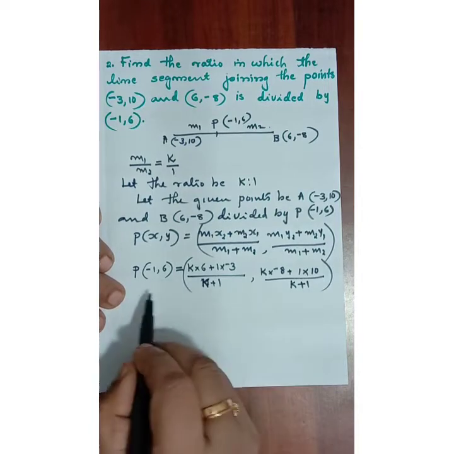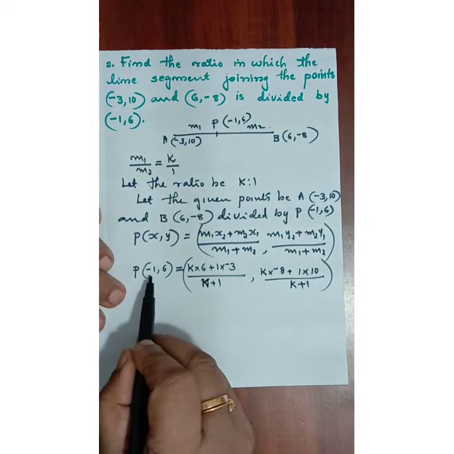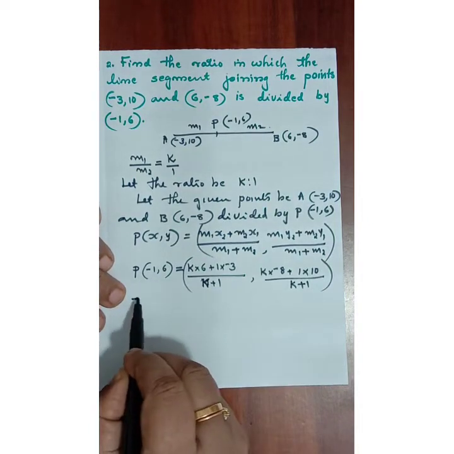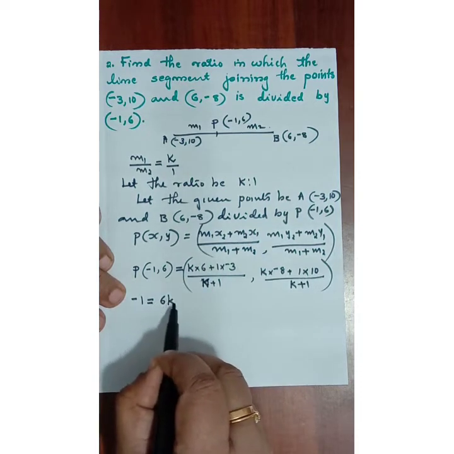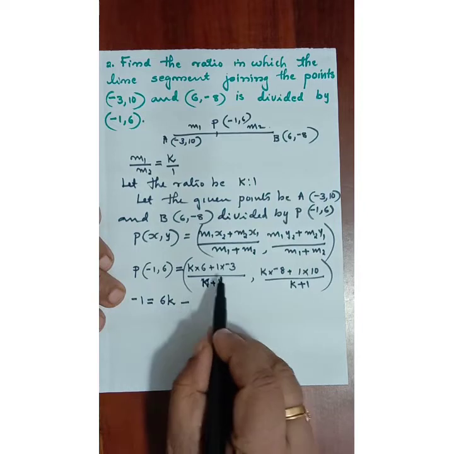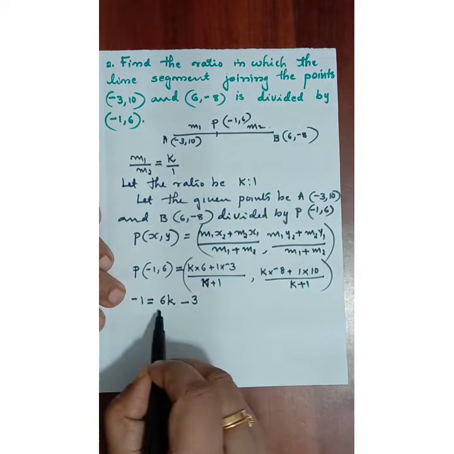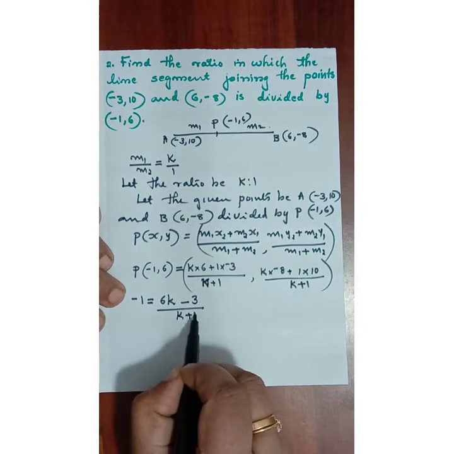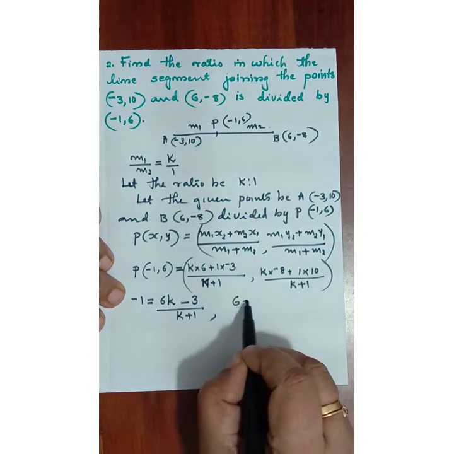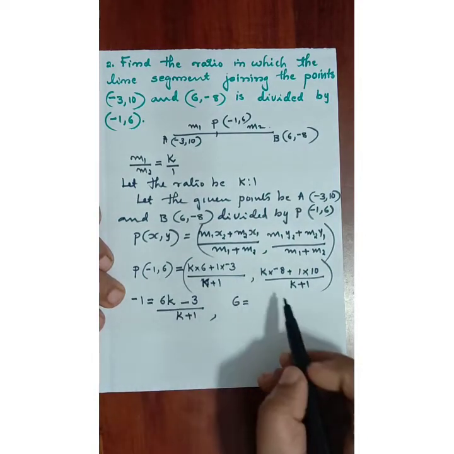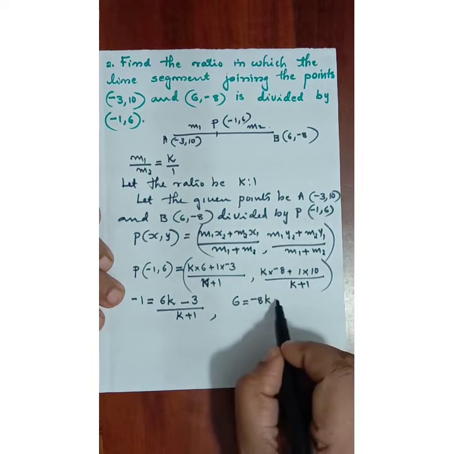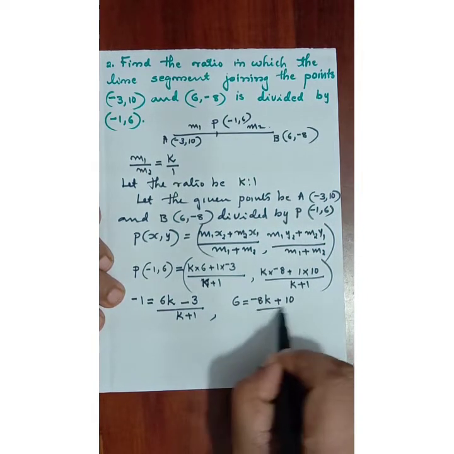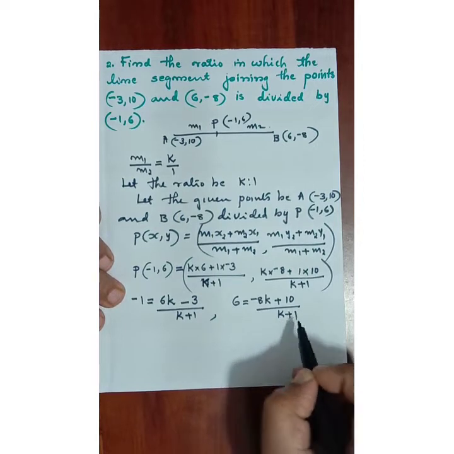Now we can equate both sides, comparing both sides. This is our x, negative 1, that's equal to the x coordinate, 6K minus 3 by K plus 1. And here is the y coordinate, 6 is equal to, this you have to compare, negative 8K plus 10 divided by K plus 1.